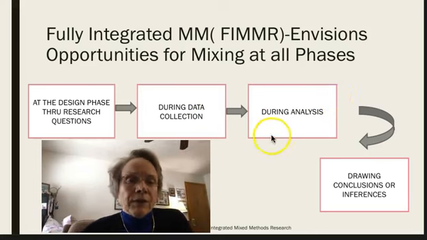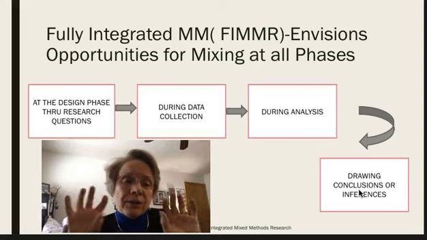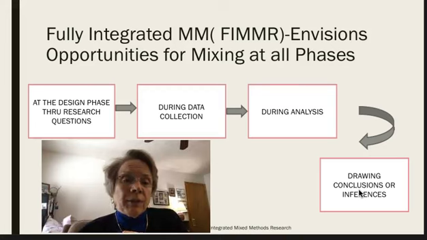Very big emphasis on integration during analysis, and then the traditional focus, which is how some people link qual and quant conclusions, still keeping them relatively separate during the integration phase.